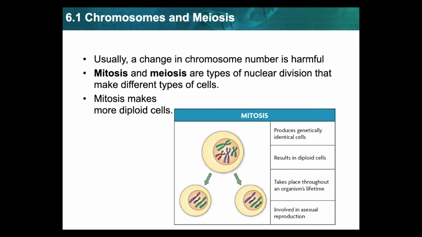It makes identical cells. It's used for growth and repair of your cells. So anytime you need to make more blood cells, skin cells, muscle cells, your body goes through mitosis to make more of those cells.